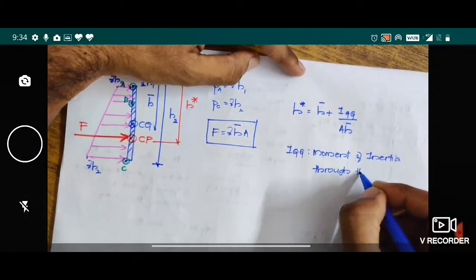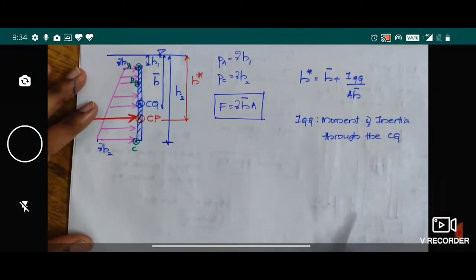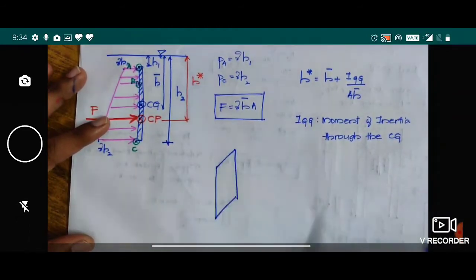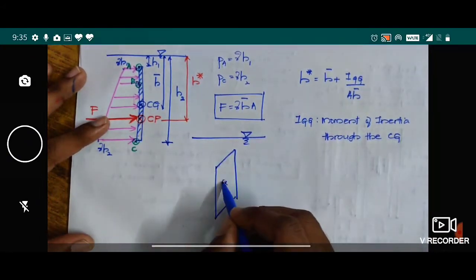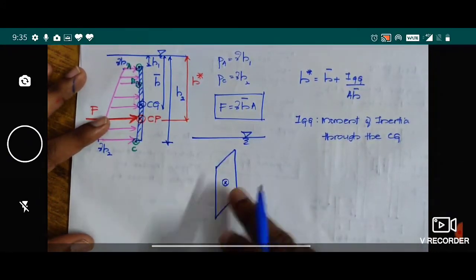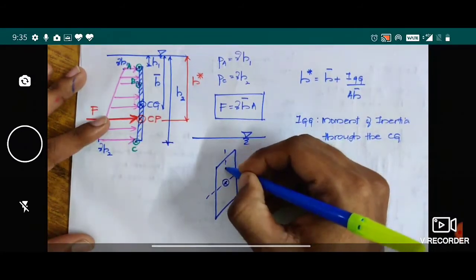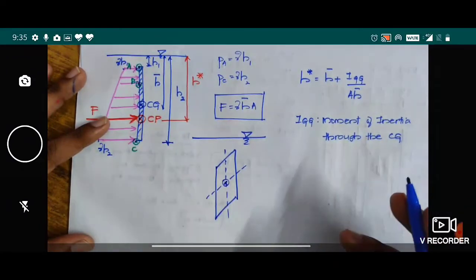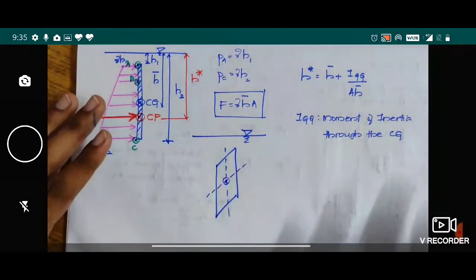Say for example, if I am taking a plane like this, this is your free water surface. This is your center of gravity. So through the center of gravity, you have got two lines passing, IXX and IYY.